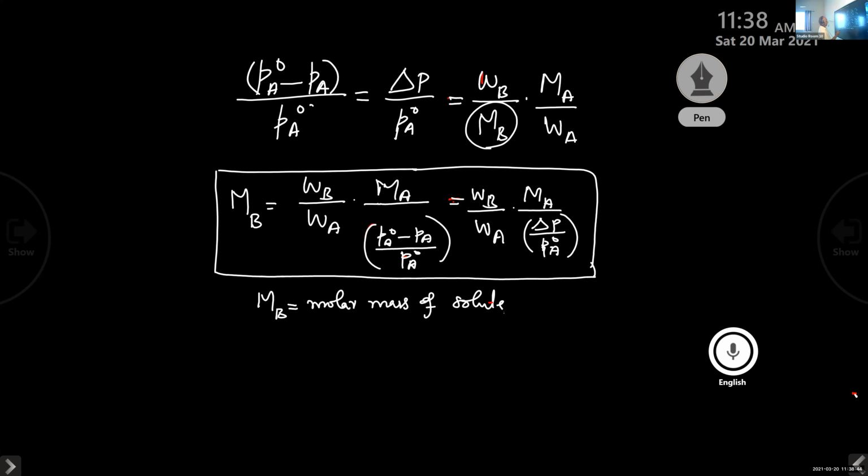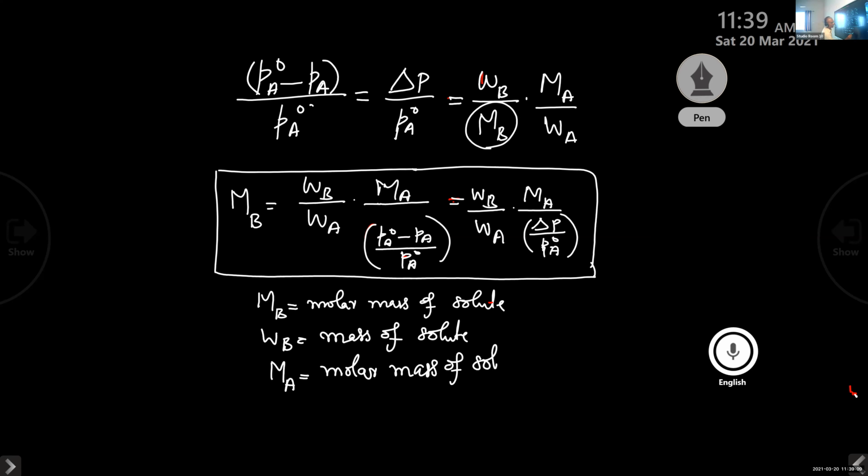Then WB, that is equal to the mass of solute. Then MA, that is the molar mass of solvent, A for solvent.